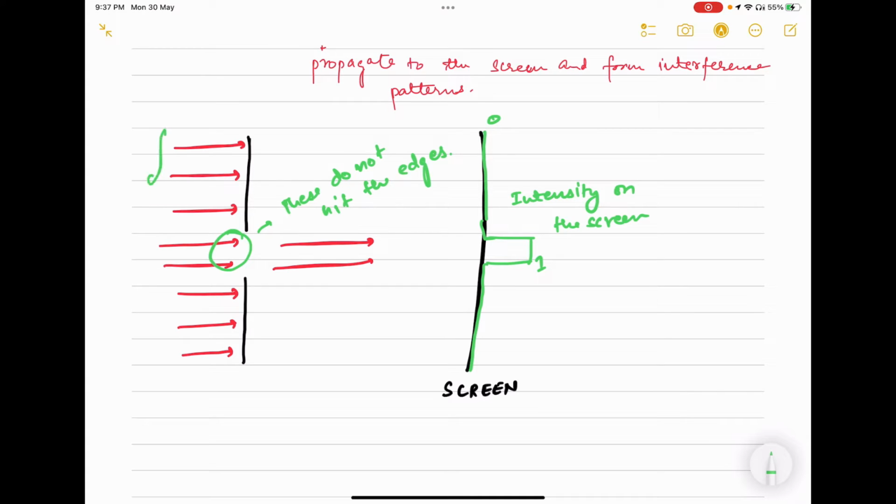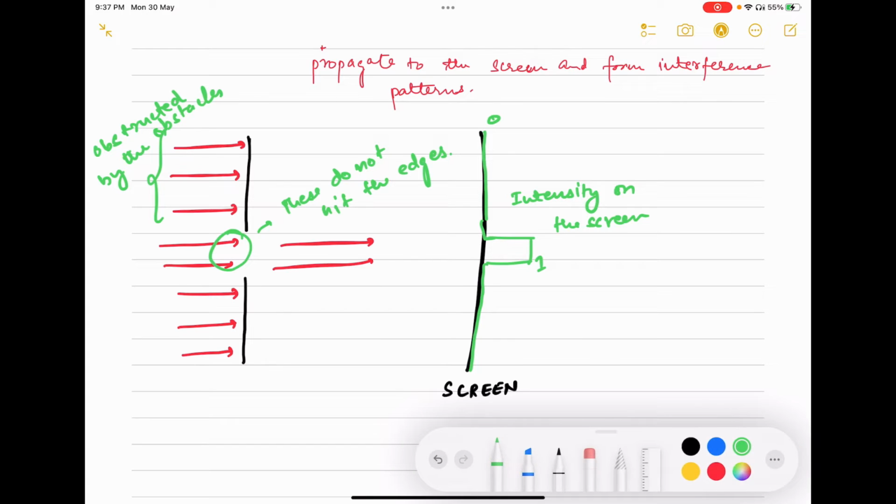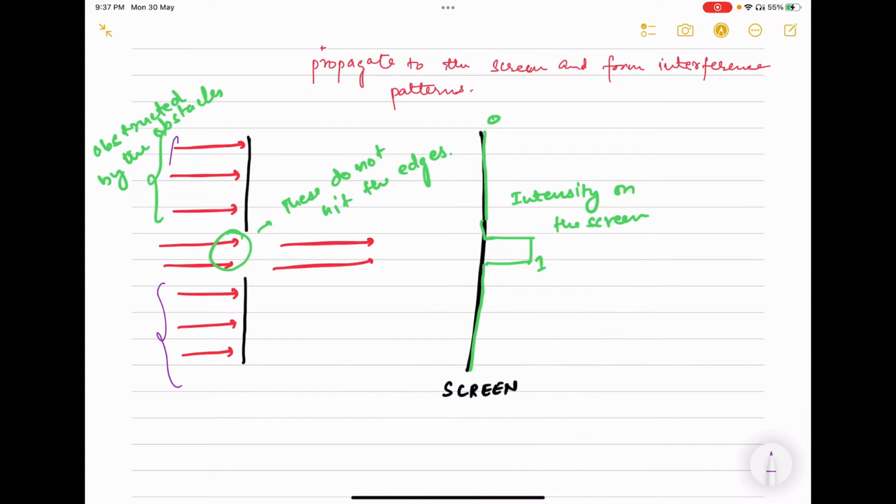And these ones are obstructed by the obstacle, and they reflect back.